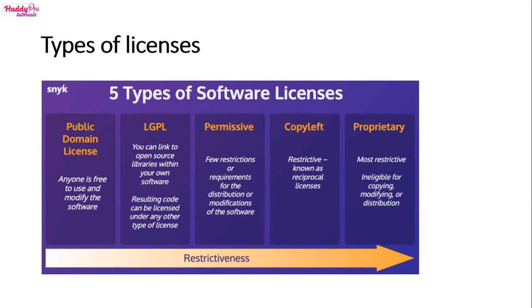Now, the founders of the LGPL license had a primary goal for software libraries, in that they thought you can link to the open source libraries within your own software, and the resulting code can also be licensed under any other type of license.